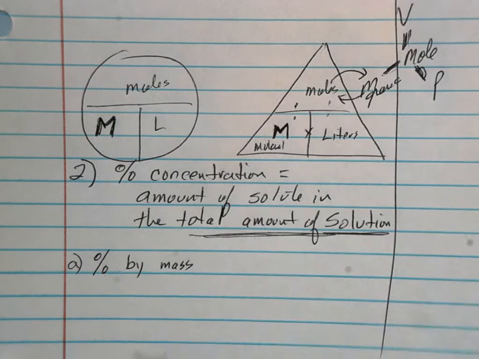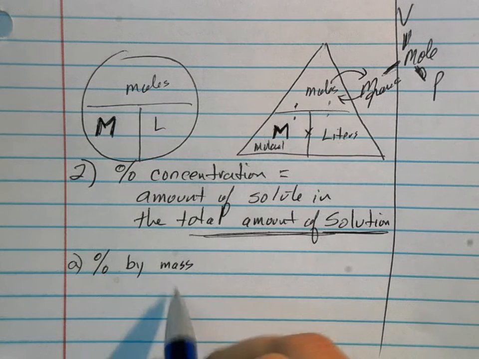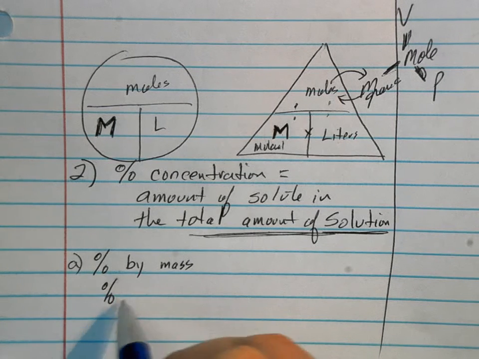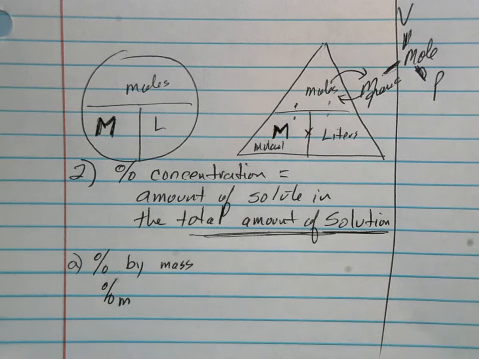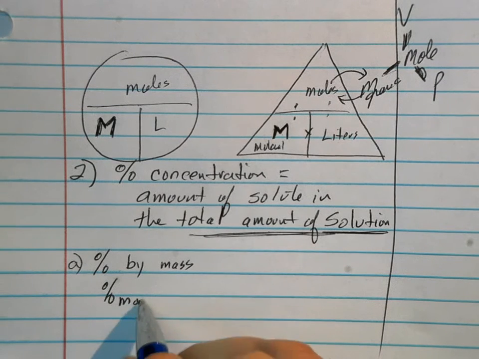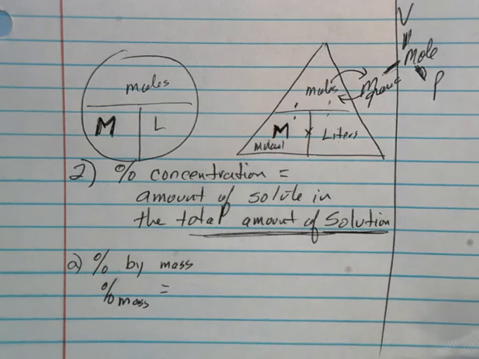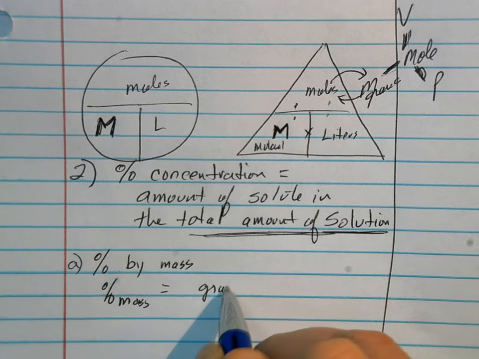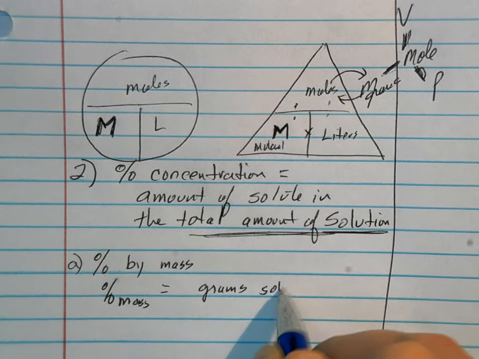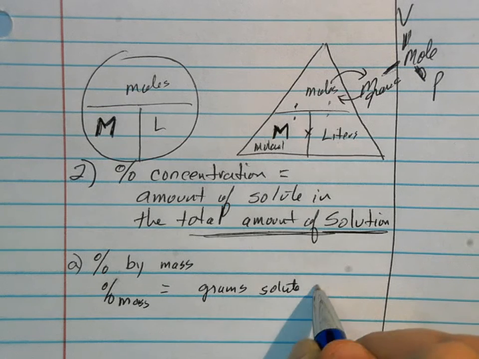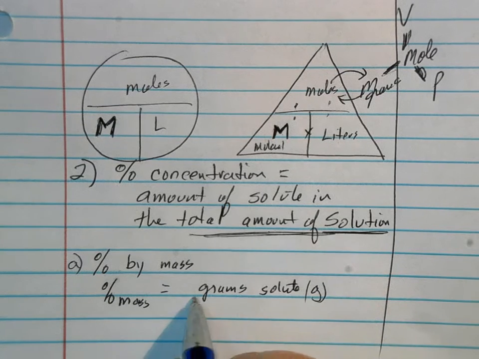And what that's going to equal, I'm going to rewrite it here. Percent M, that's going to be for mass. I'll write mass just so we don't get confused. It is equal to grams of solute. I'll just put the unit as grams.